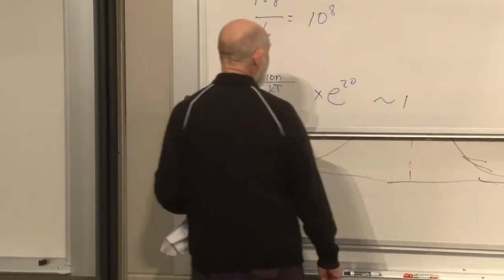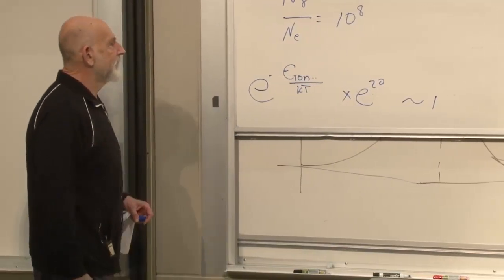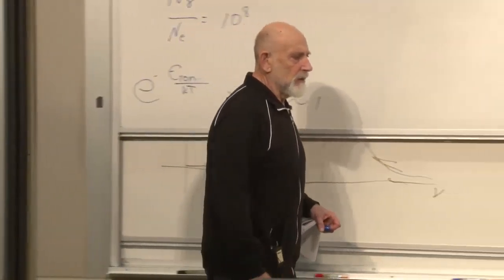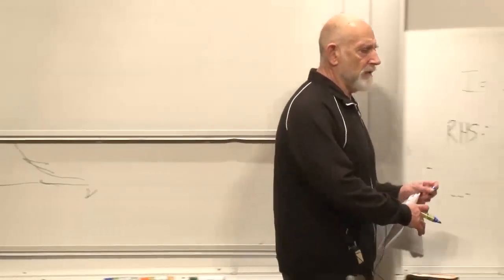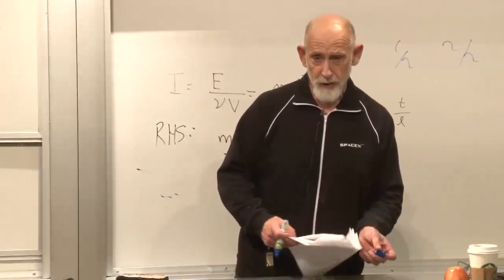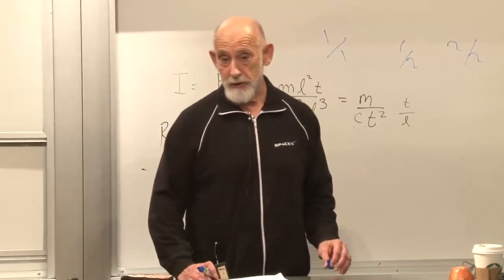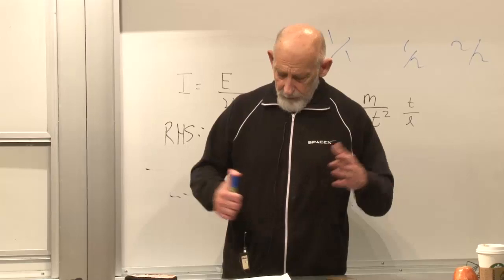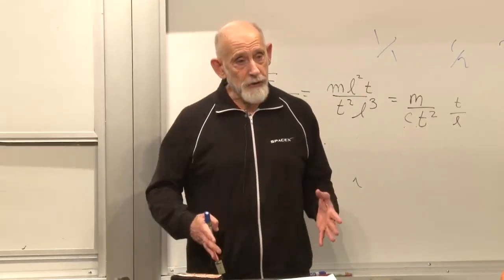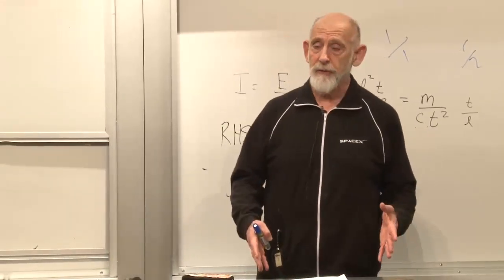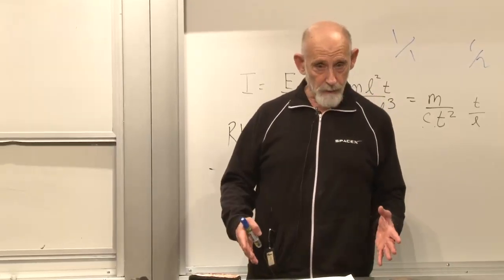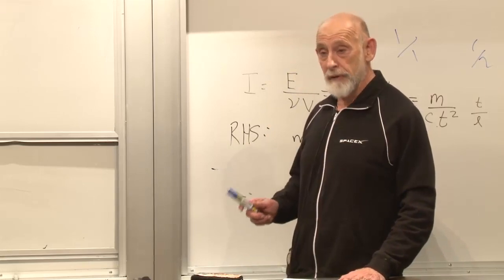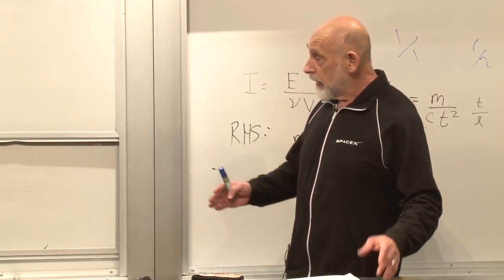Oh, question, would that 10 to the 8th be true way back when? Wouldn't that be a different number? No. As far as the ratio of these numbers go, that was frozen in. There was no mechanism within this box for changing either the number of photons or the number of electrons or the number of protons, at least not until the temperatures are very, very much higher than we're talking about.